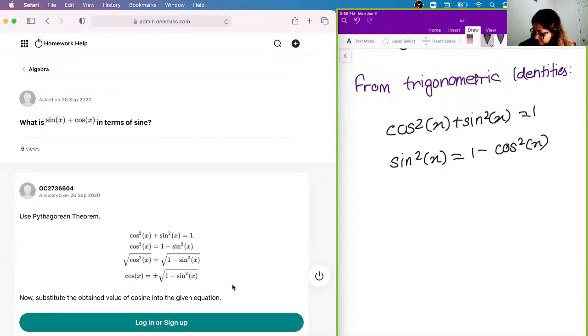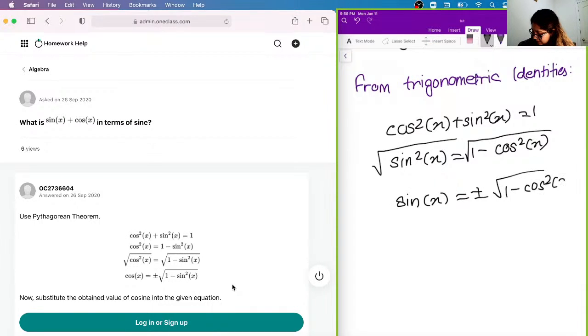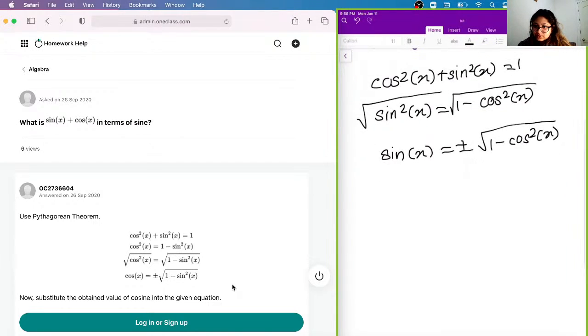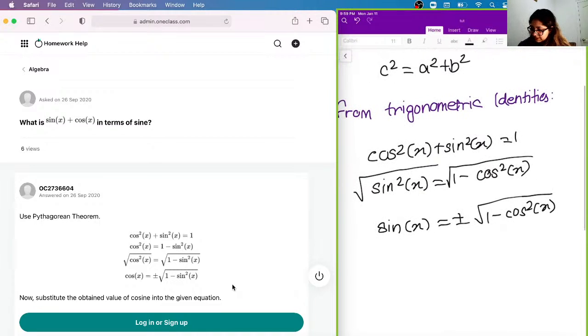You square root both sides, cancel out the squared. We have sine of x is equal to plus minus square root of 1 minus cos squared of x. Okay, so this is your answer, where sine is equal to the answer, right?